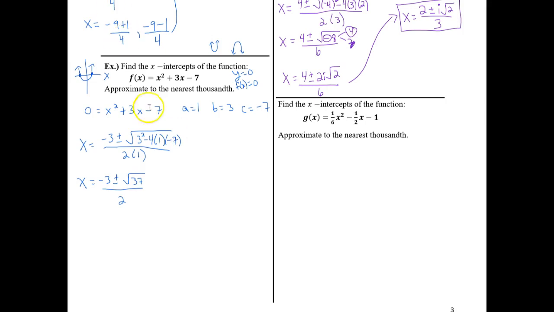Now it says to approximate to the nearest thousandth. Alright, so we have to plug this into our calculator to round it to the nearest thousandth. And I have two solutions. So I'm going to type in negative 3 plus the square root of 37, all divided by 2, and negative 3 minus. So I have to make sure I do both when I type it into my calculator.